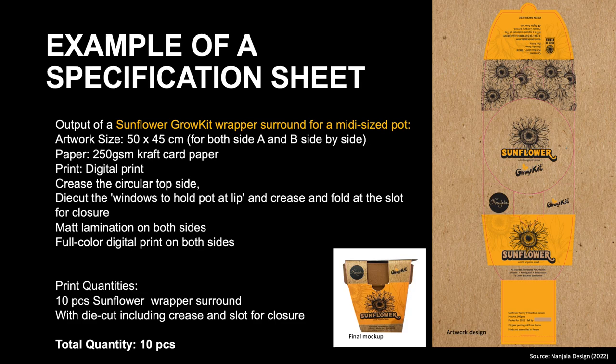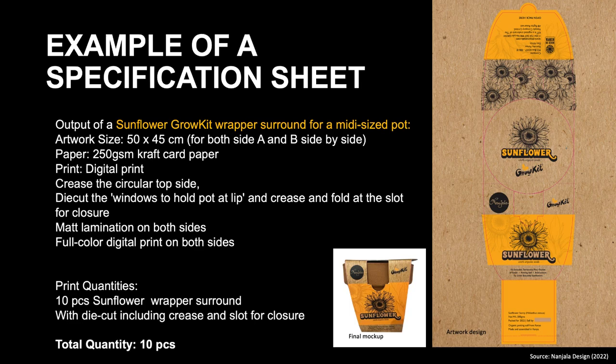Then always remember to indicate the quantities. The quantities will be 10 pieces of the sunflower wrapper surround, finished with die cutting, folds, and a slot for closure. So this is a typical way of doing a complex or medium-complex pre-flight specification checklist.